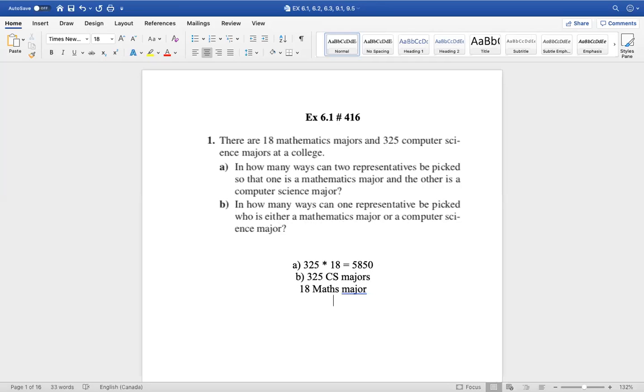We have to make sure that the representative picked is either a mathematics major or a computer science major, so it is either one of those. Here we will basically add them together to get the total number of ways. So 343 ways in which I can pick one representative from either major.